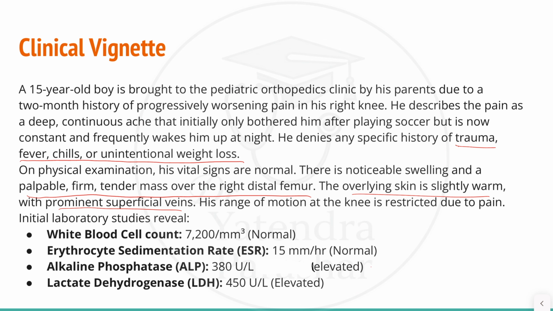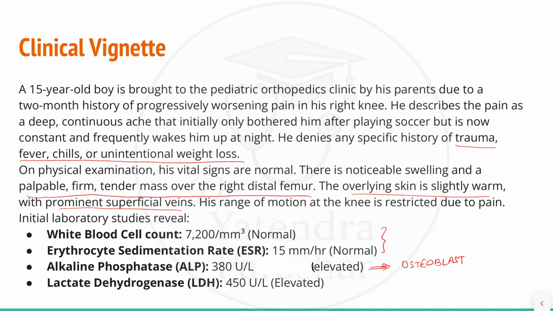From the laboratory features, we have no sign of inflammation or infection because WBC count and ESR levels are normal. Alkaline phosphatase is increased, although it remains on the higher side in young growing children, but it is also increased in cases of osteosarcoma because it is secreted from the osteoblast.